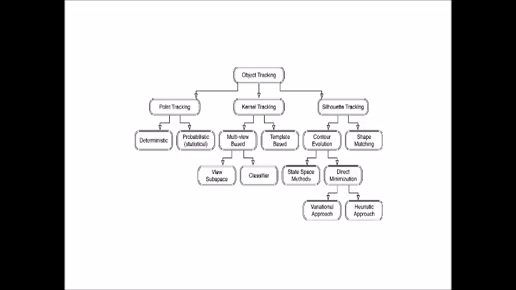In point tracking, the target detected in the image sequence is represented as a point that doesn't consider posture and form. The tracking process can be expressed as a point corresponding to the target in each frame. The typical kernel tracking is realized by calculating the motion between adjacent frames of the original region.